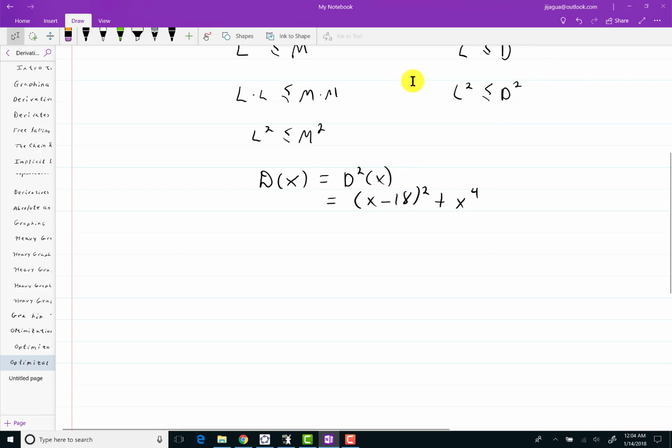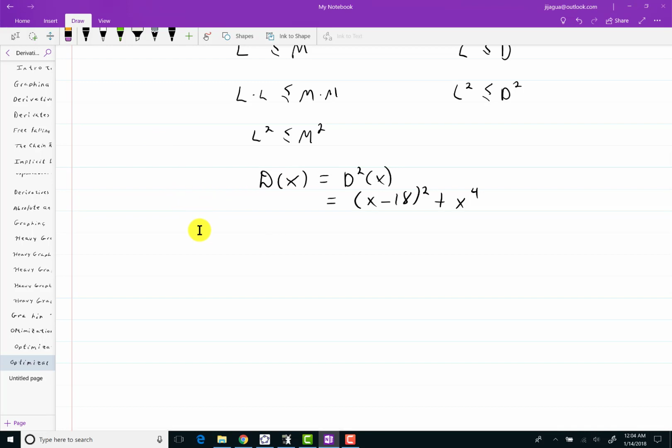And the reasoning is, since squaring things does not change order, then I can work with this new function a lot easier than I could have with the square roots. So in fact, whatever x value solves this problem will be the x value that will solve the original one.